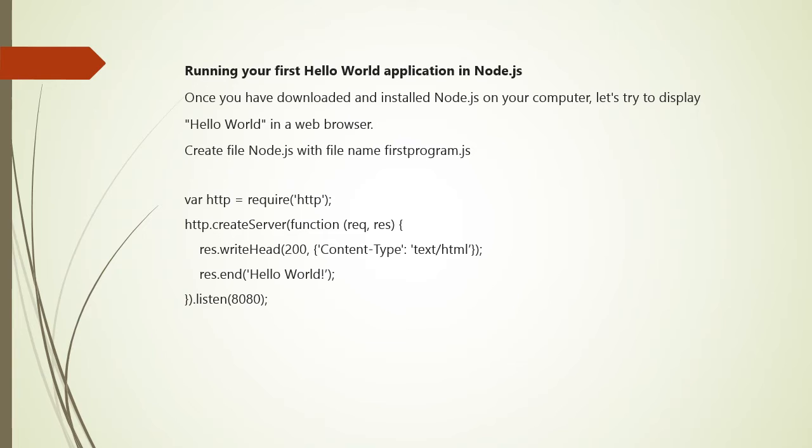The writeHead function is used to send the header data to the client, while the end function will close the connection to the client. We are then using the server.listen function to make our server application listen to client requests on port number 8080. You can specify any available port over here.